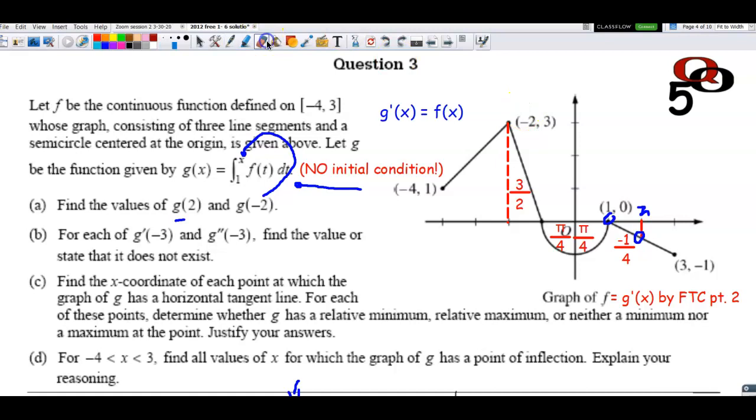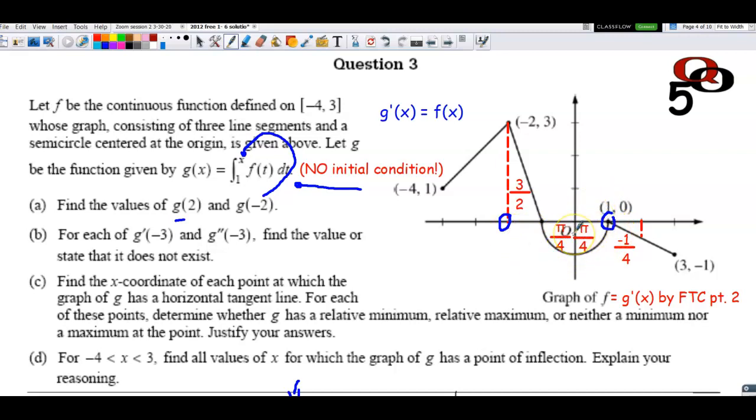Let me erase some of this. I'm starting at 1, and I'm stopping at -2, which is here. So I've got to do my geometry. I'm going to begin by finding the area of this semicircle right here.